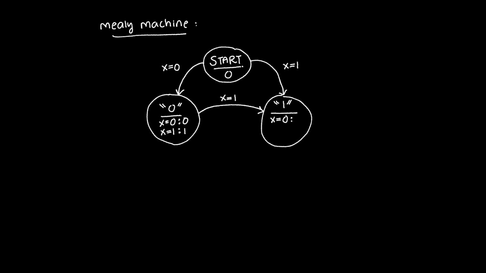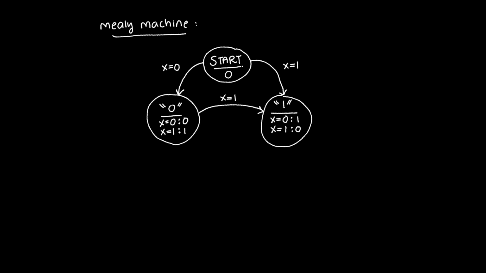Well, in that case, the last two bits I've received were 1, 0, so that tells me that I have detected a transition and I need to output a high. Conversely, if I am in this state where a 1 was detected and I get another 1, then I'm just going to output nothing and stay in this state.